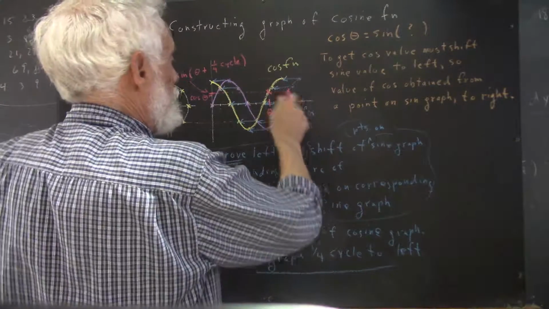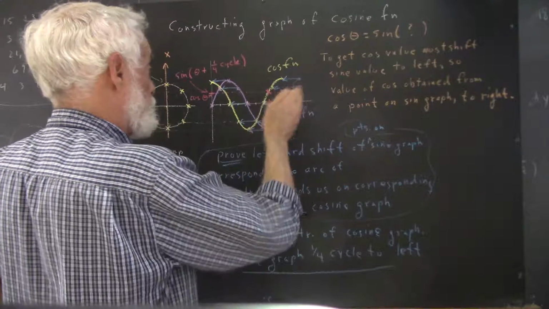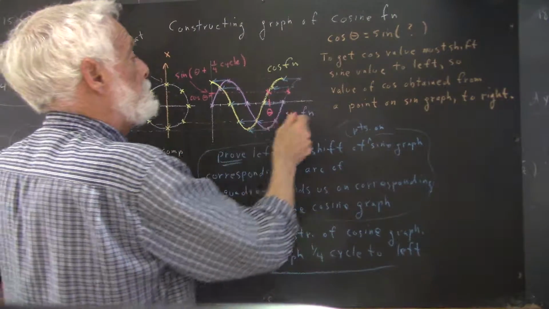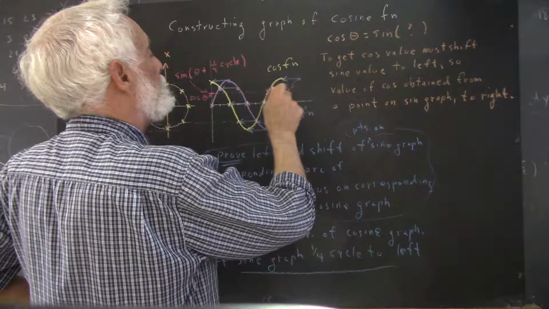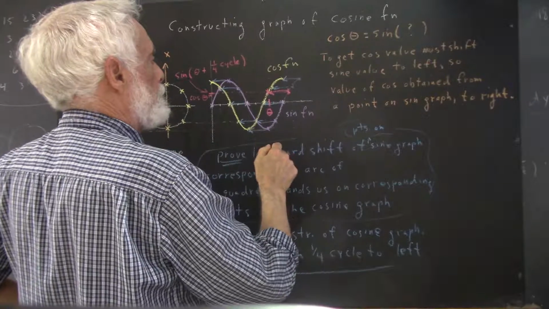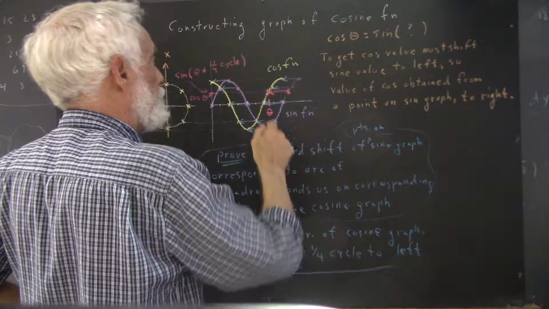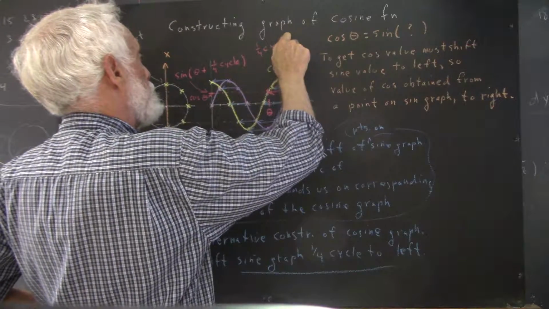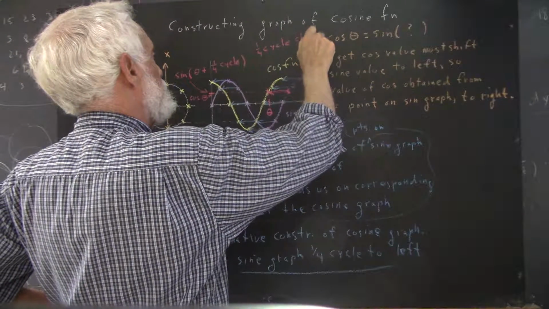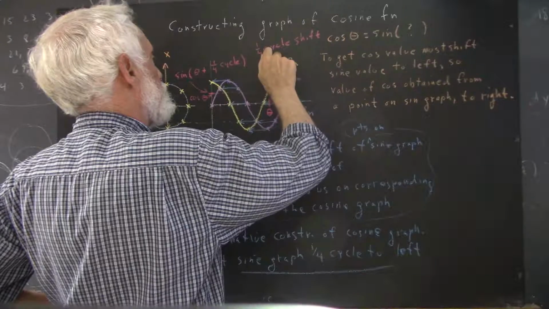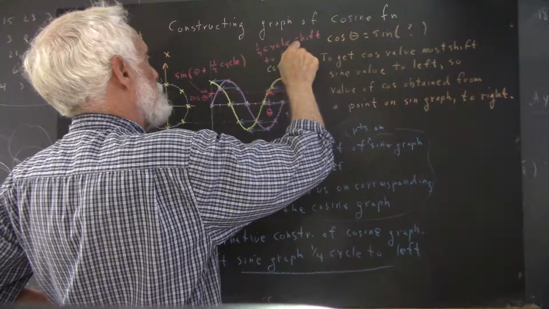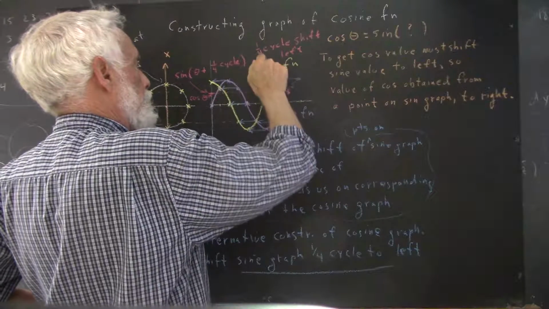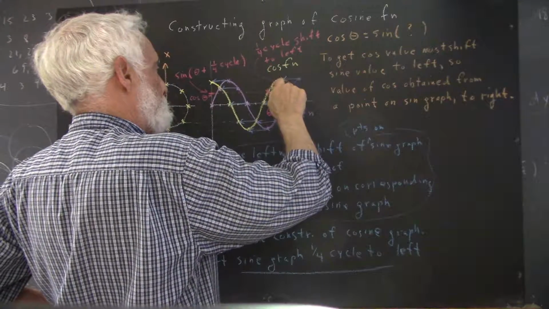So this distance here is a quarter cycle, the same distance through which we've shifted everything else. A quarter cycle shift to the left, and that's what we see here.